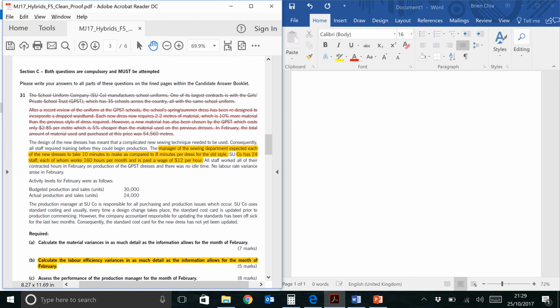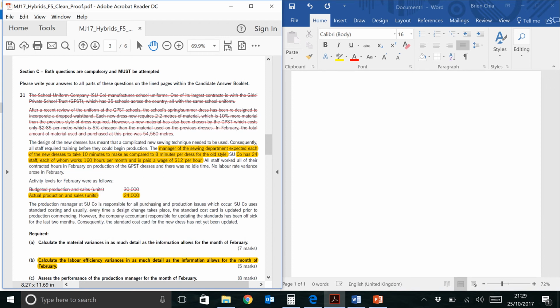You also have the actual production and sales, which is given over here. As I've mentioned before, when it comes to F5 questions, especially for planning and operational variances, we will want to focus on the actual production. So we are not going to use the budgeted production, so I'm going to cross that out over here.